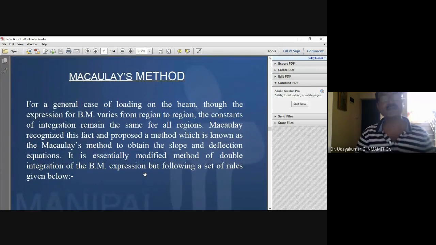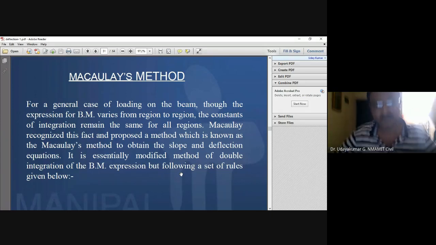So that is the double integration method, and it is applicable only when the beam is subjected to simple types of loadings, just like what you are seeing here in theory. Maybe UDL throughout, or just one point load at the center or at the end.